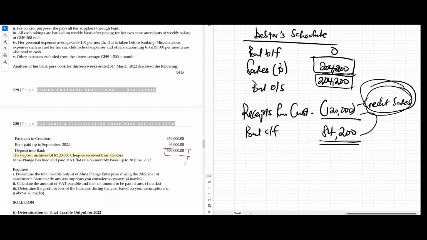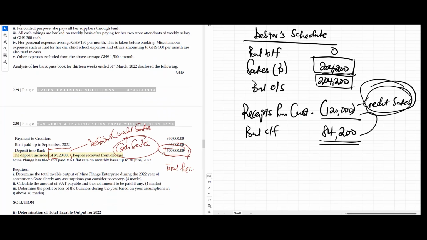Is it not 500,000? That means this is the total receipt. She doesn't have any income source apart from her business. So if you deposited 500,000, they said 120,000 was checks received from debtors. This means that this one was from credit what? Sales. Credit sales. That means the rest are from what? Cash sales. The ones that she actually sold and received cash.